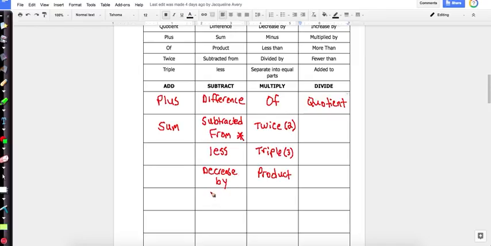Minus, also subtraction. Less than, also subtraction. And once again, put a star in this box. Divided by, that's an easy one, division. Separate into equal parts, division.